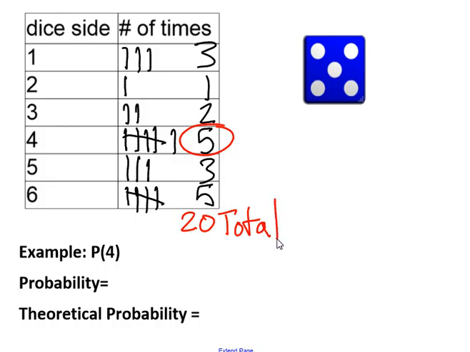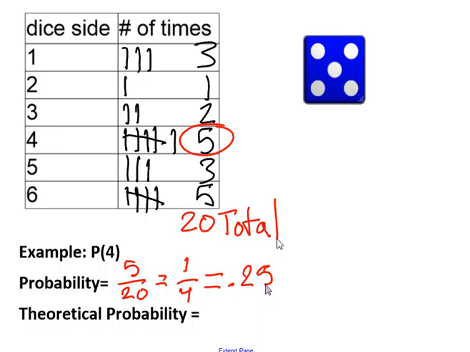So 5 divided by 20 is equal to 1 out of 4, or 0.25. So I have a 0.25 chance of rolling a 4 according to the probability of my little experiment.